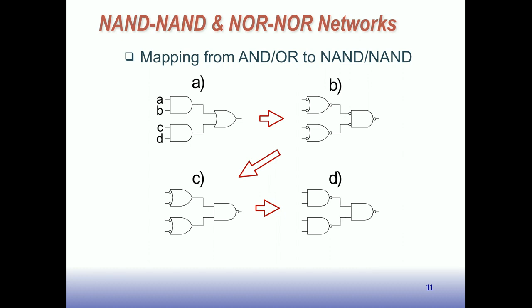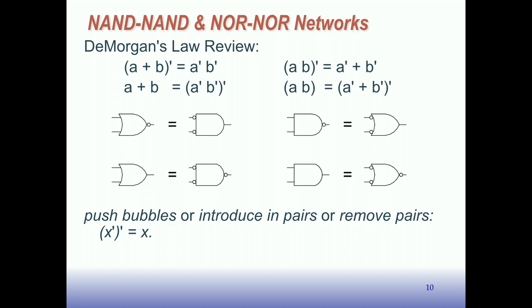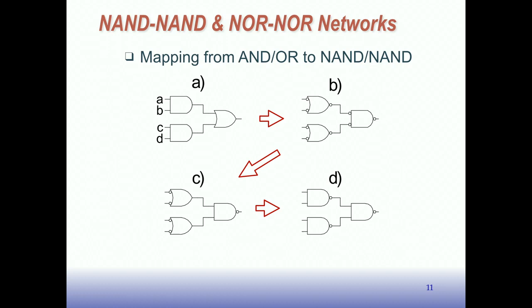I showed this on the other side. So for an AND here, we're going to use this one down here. An AND gate is like an OR gate with inverted inputs and inverted outputs. That's because if we move this bubble through, it's going to change this OR to an AND. So we can replace our ANDs with these things.